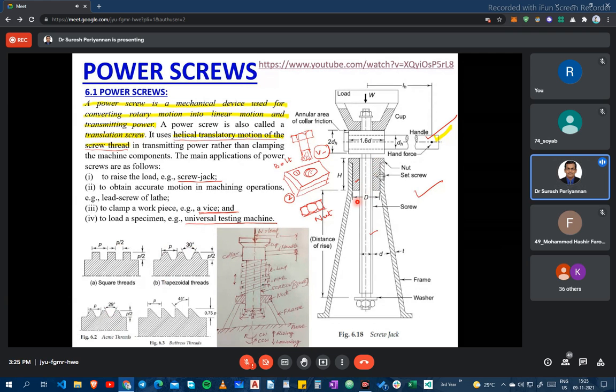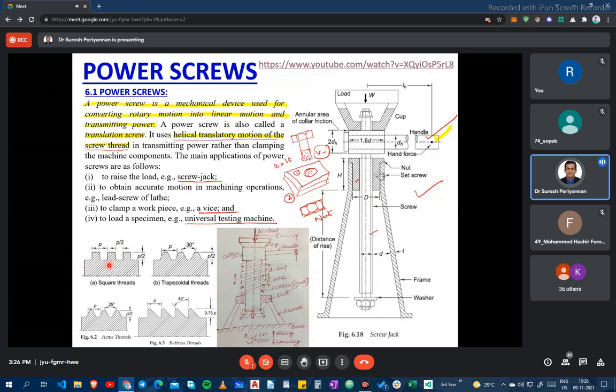Radial pressure is also called bursting pressure. Another thing is that uniform motion can be obtained while using a square thread, and the life of the power screw can be increased.